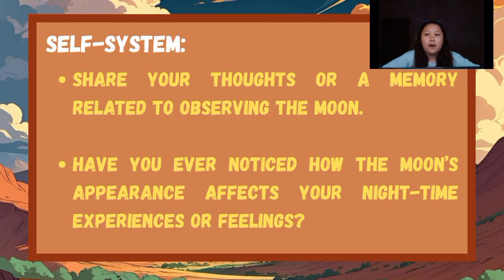They will share their thoughts or memories related to observing the moon. They will also be asked a question: have you ever noticed how the moon's appearance affects your nighttime experiences or feelings? They will answer that in front of the class.